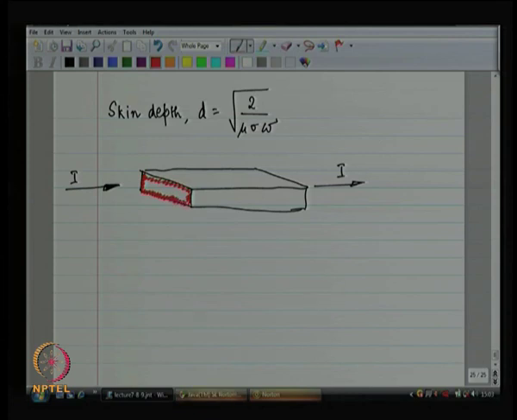So, what the skin depth formulation tells you is that this current likes to propagate through the skin of the material, through the surface of the material, and the depth up to which the current does propagate is given by that formula.